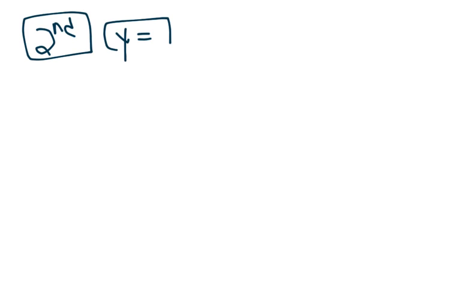Okay, so now what you're going to do, no matter which operating system you have, you're going to press second and y equals. This is called the stat plot. In order for the calculator to draw the scatter plot for you, you have to turn the plot on. A lot of times, some of you will get an error message on your calculator when you're graphing, and it's because the stat plot is on, and I'll come turn it off for you, and then all of a sudden it graphs.